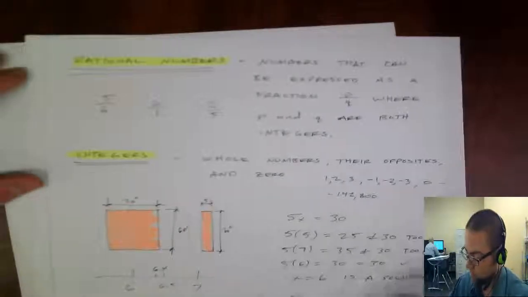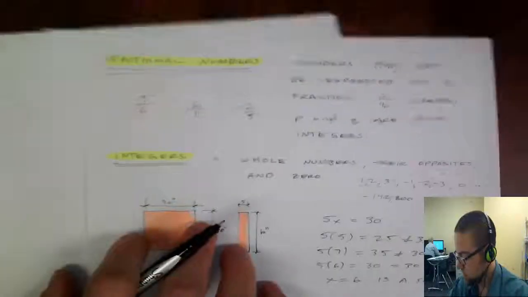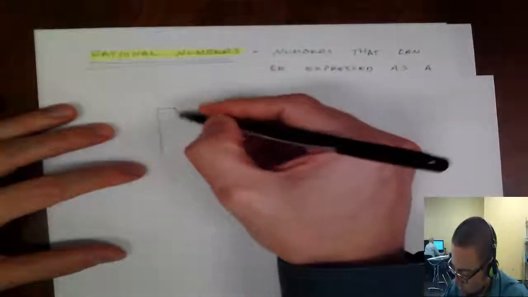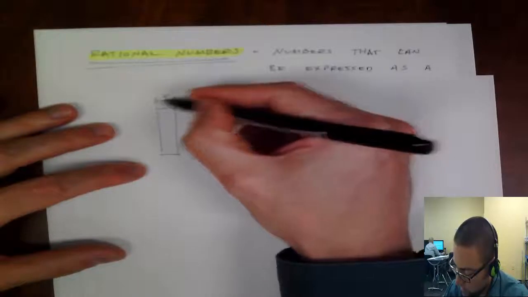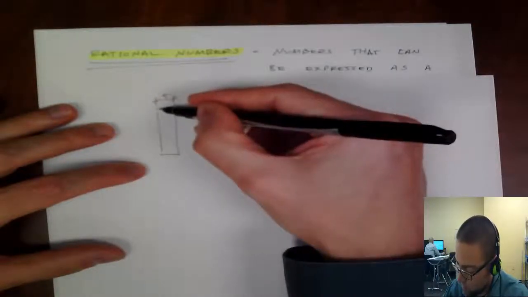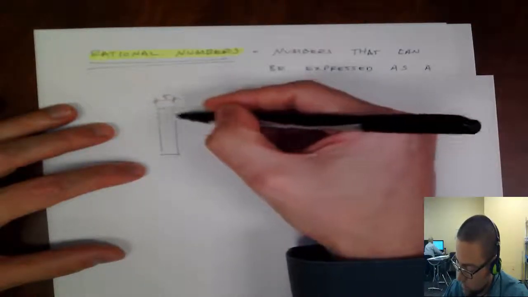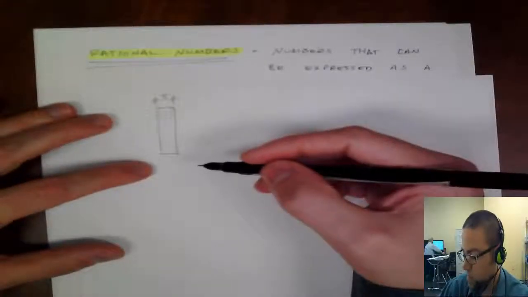Well, 0.4 of a board is just a fractional part. It's 4 tenths of the 5 inches. So if I broke it up into 10 equal parts, and then I take 4 of them, that's what it would be.